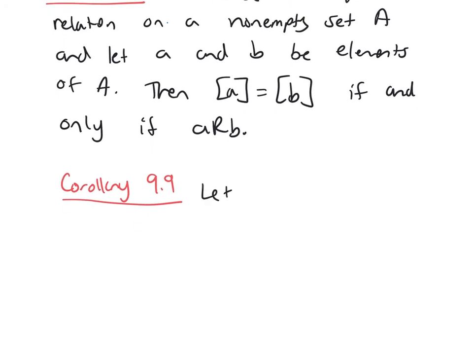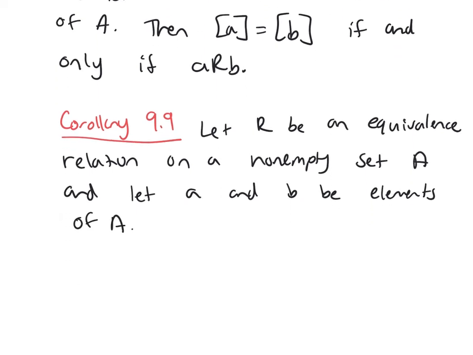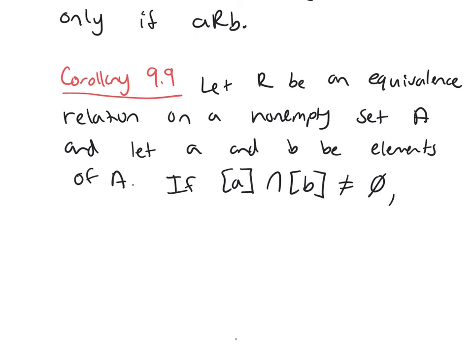Let R be an equivalence relation on a non-empty set A, and let A and B be elements of A. If the equivalence class of A intersected with the equivalence class of B is not the empty set, then these two sets, since they have something in common, turn out to be identical to each other.